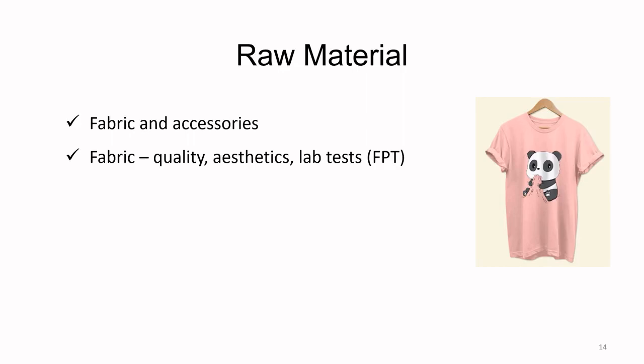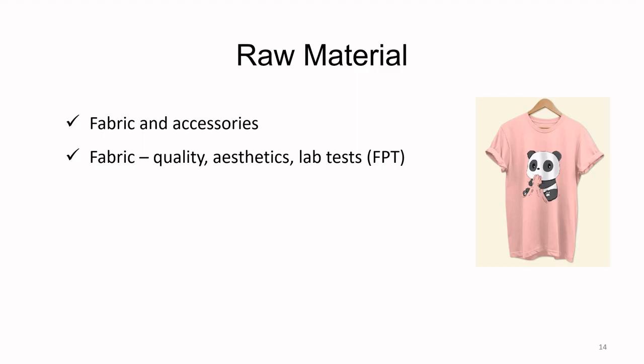Aesthetics meaning whether the peach color is as per the color standard or not, whether the baby panda, the colors white, black and gray, are matching or not, whether the design is correct or not, whether it is proportional or not, and things like that. That is aesthetics. And then the lab test, which is FPT. FPT is fabric package testing.